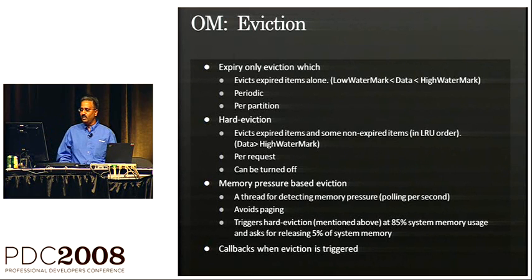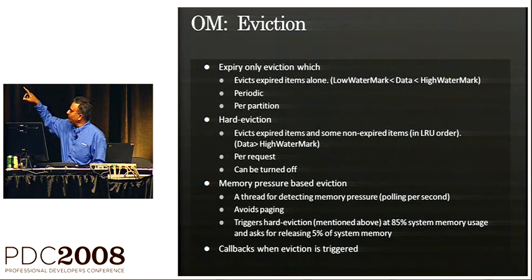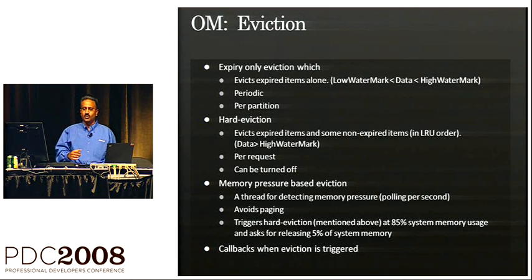This hard eviction is where I really need some space. I need to put an object, and there is no space available right now. It uses the traditional LRU scheme to evict certain candidates. And then finally, we also built a memory pressure-based eviction where it looks at overall system memory pressure, and if memory usage is beyond 85% utilization, then it kicks off the eviction, and it uses either the expiration mechanism or hard mechanisms to make some space.